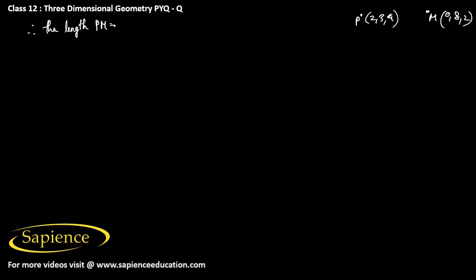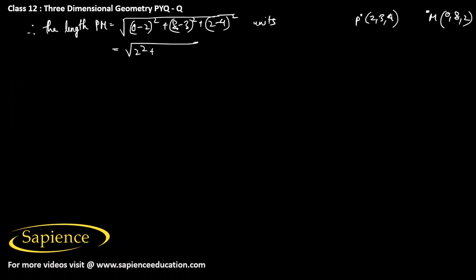So therefore, the required distance will be square root of (0 - 2) whole square plus (8 - 3) whole square plus (2 - 4) whole square. So this much units. That will be equal to square root of 2 square plus 5 square plus 2 square. So this will be equal to square root of 4 plus 25 plus 4. So 4 plus 25 is 29, plus 4, that is 33. So it is root over 33 units.